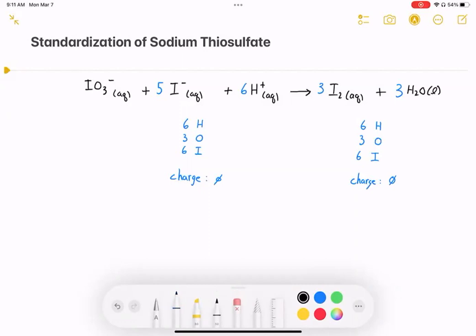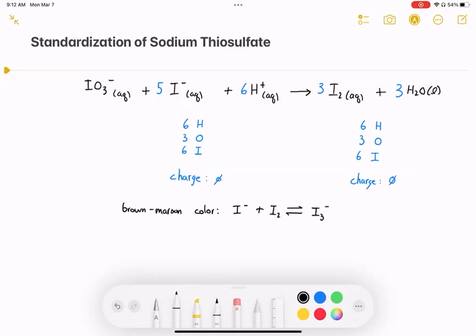In the first reaction, you react iodate with iodide. It forms some iodine and some iodide will be left over. The brown or brown-maroon color you see is due to this reaction, I minus plus I2 to give I3 minus.